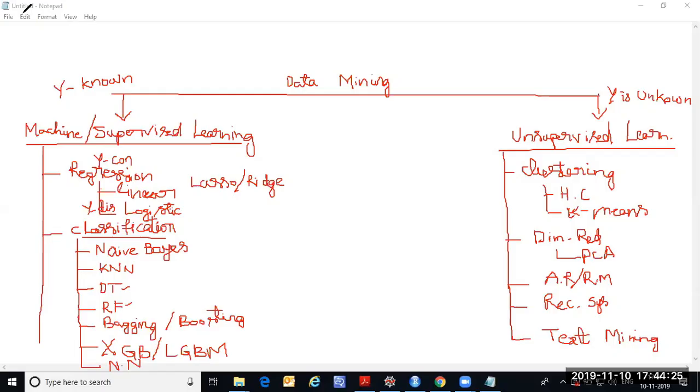Right? And once we are done with all this, we will discuss time series forecast. This is not part of either supervised learning or unsupervised learning.